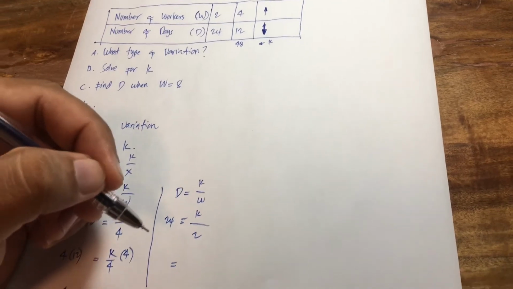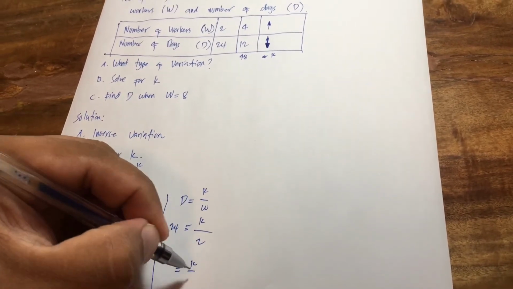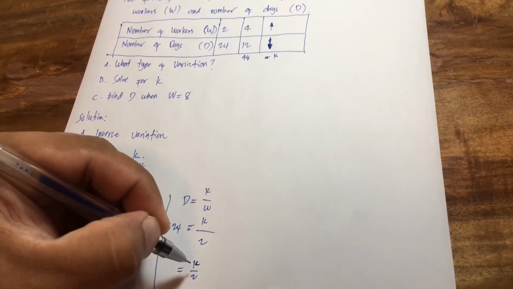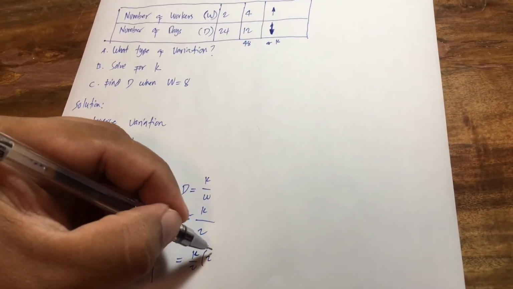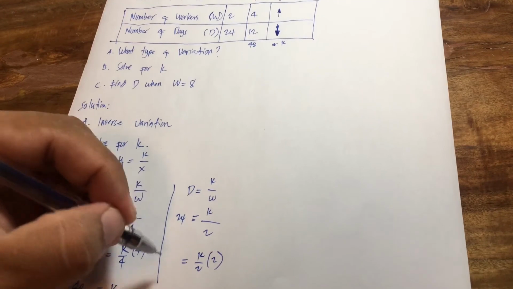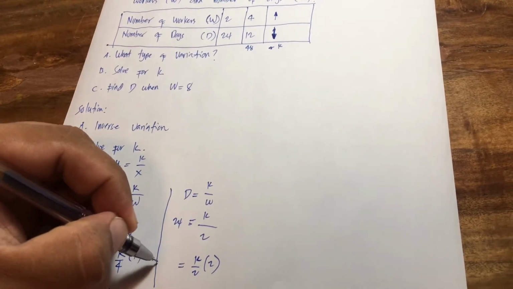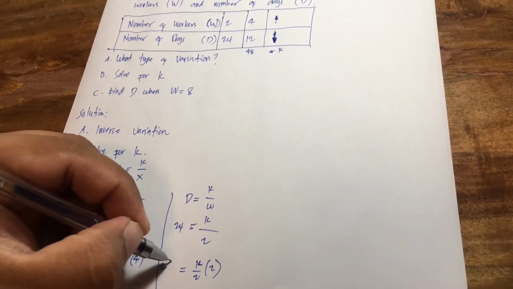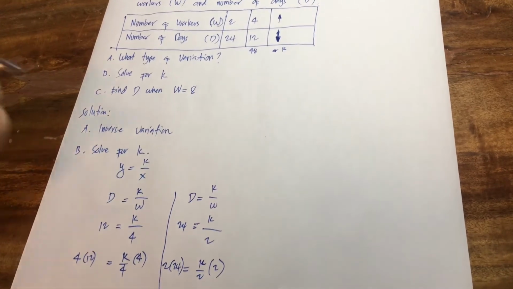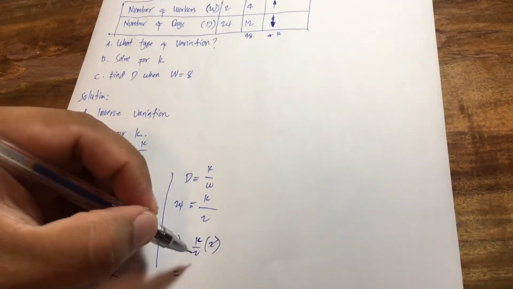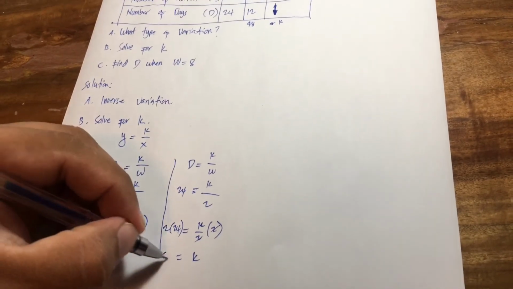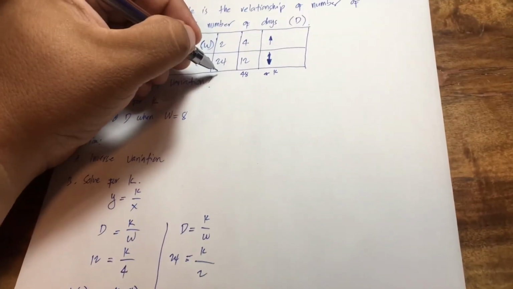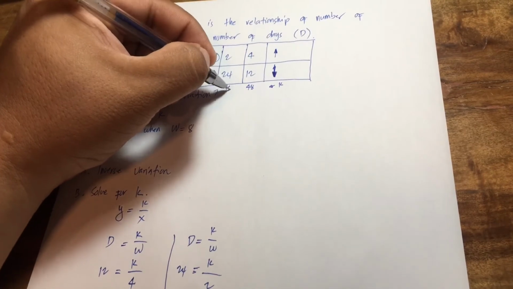Again, by the multiplication property of equality, we can multiply both sides by 2 to cancel 2 in the denominator. So on the left side, 2 times 24. Cancel 2, K is what? 2 times 24 is 48. So still here, the value of K is 48.